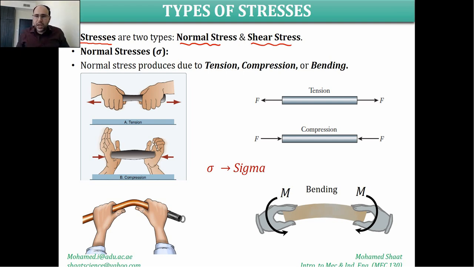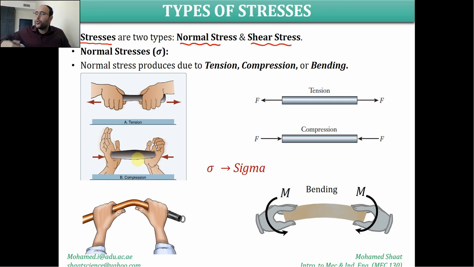The same thing if the tendency of the force is to compress. So applying a compression, pressing over the object with the tendency to decrease the length of this object, and as a result the diameter will slightly increase, as already shown here in this sketch, where this guy is applying a compression over the object.